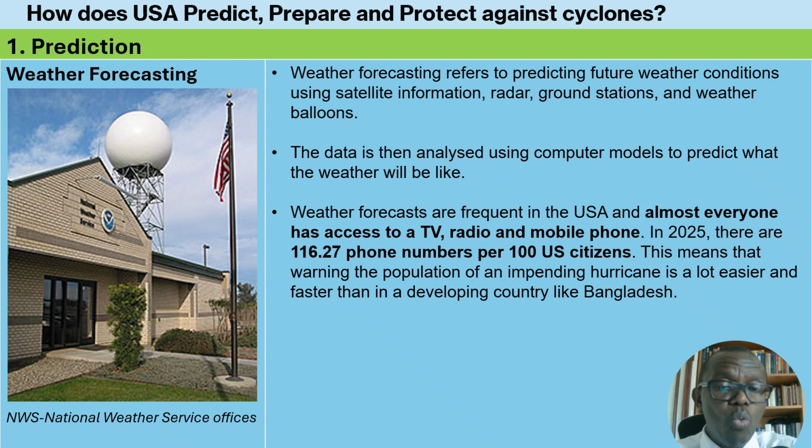This means that warning the population of an impending hurricane is a lot easier and faster than in a developing country or LIC such as Bangladesh. Now, Bangladesh here is the LIC that we are going to be using to make comparison to the USA. So that's important for us to note.